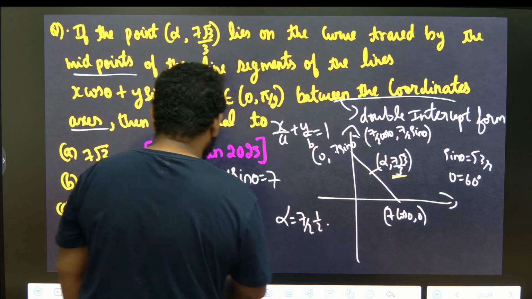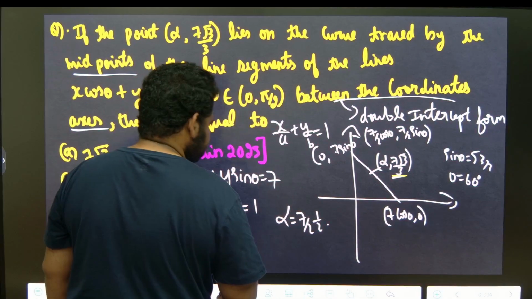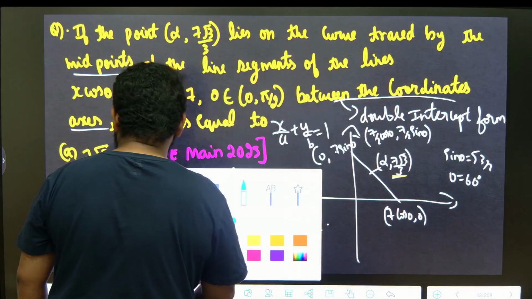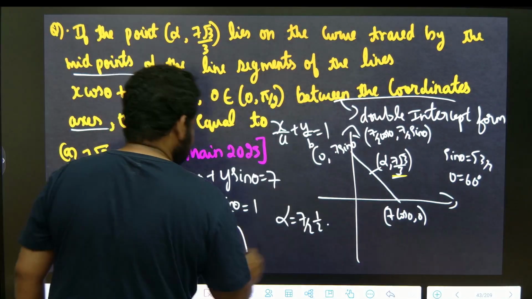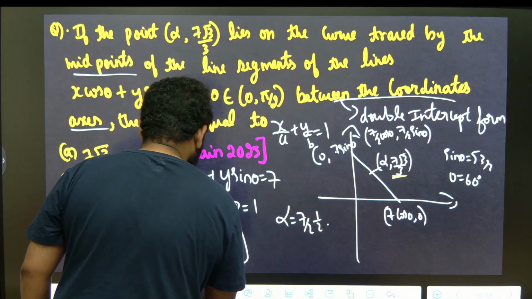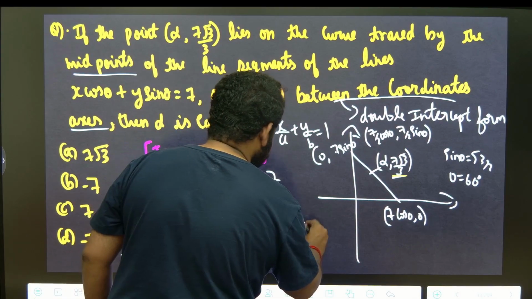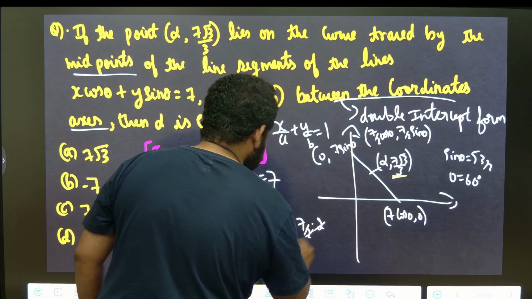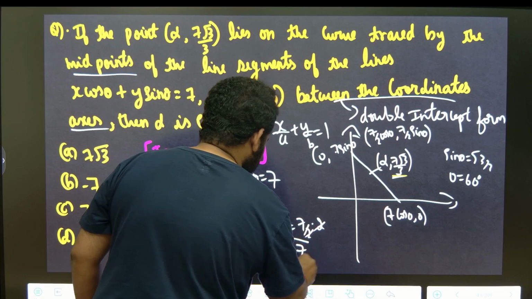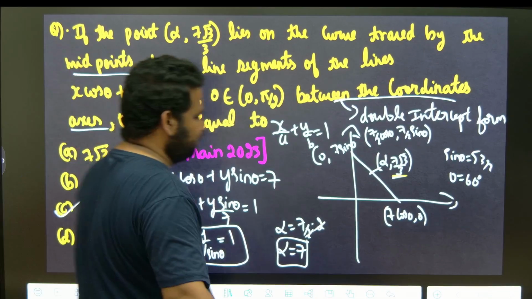So actually this will be 7 by 2 into 2. So 2 cancels, alpha I will get as 7. That is the answer. No confusion here, nothing much.